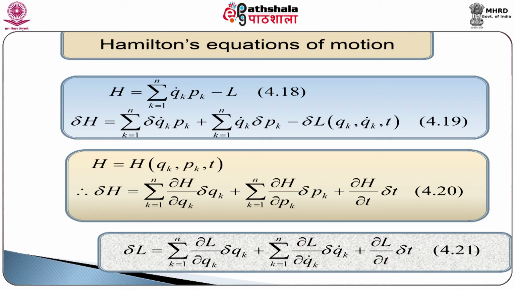Please note that the Lagrangian L is a function of qk, qk dot and t, but the Hamiltonian H is a function of generalized coordinate qk, generalized momenta pk and time t.